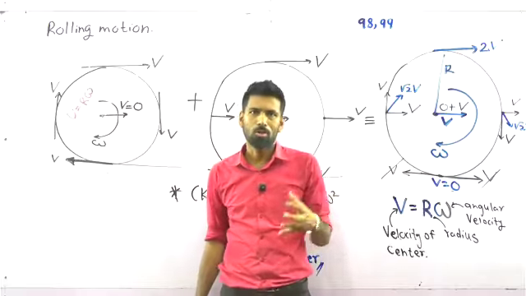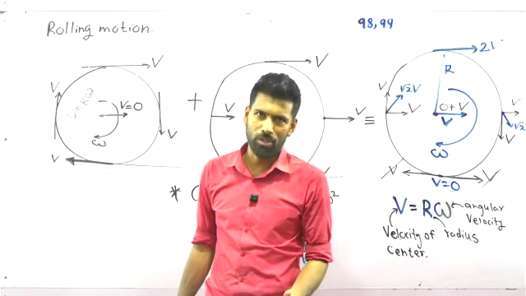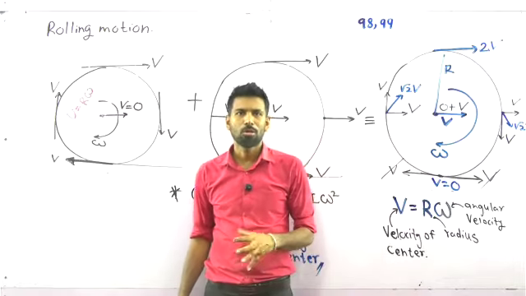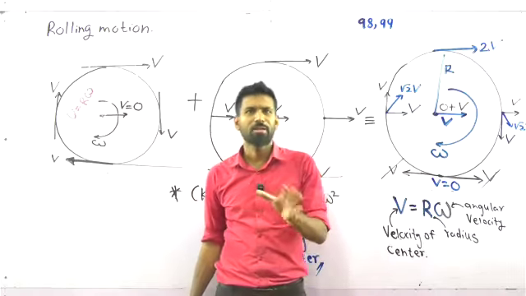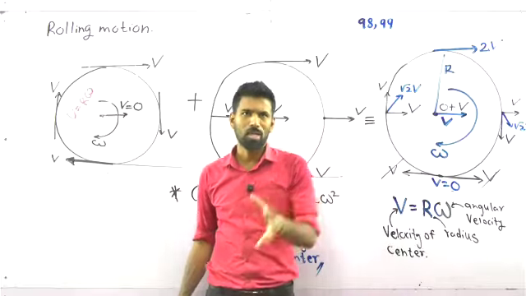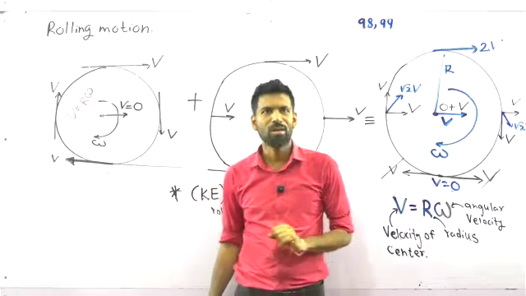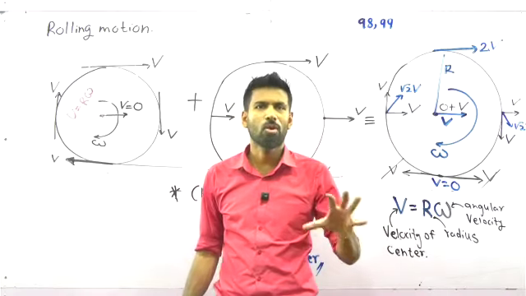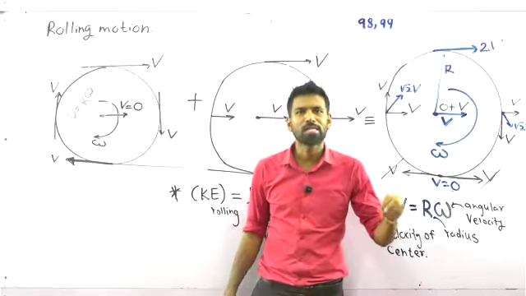Rolling means a linear motion combined with the rotational motion. The best example is the vehicle wheel. First of all, you have to draw the velocity diagram for rotation, tangential and angular. Then you have to understand the linear components of velocity when an object is having a linear motion. Then you have to take the vector addition of them.